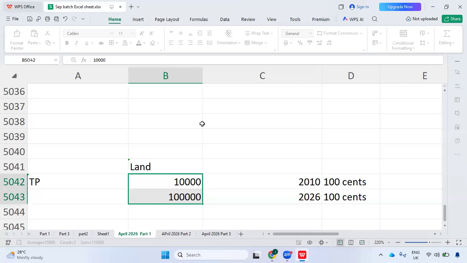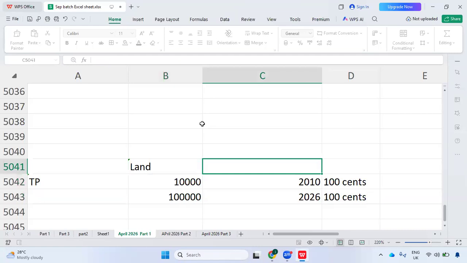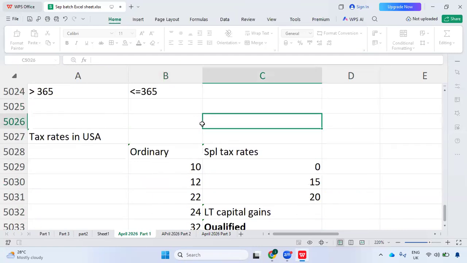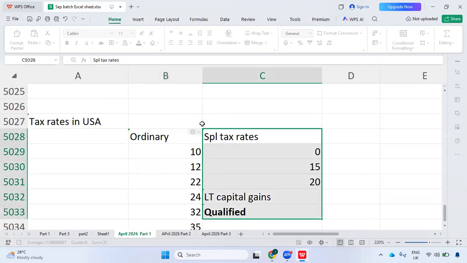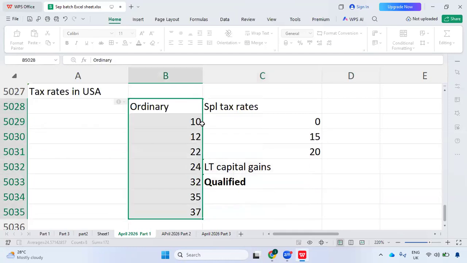That's the reason for long term cases, instead of giving inflation directly, the taxpayer gets the benefit through special tax rates. Long term cases may have inflation, so to adjust for it we have special tax rates. But for short term there won't be any change in inflation, so it is taxable at ordinary tax rates.